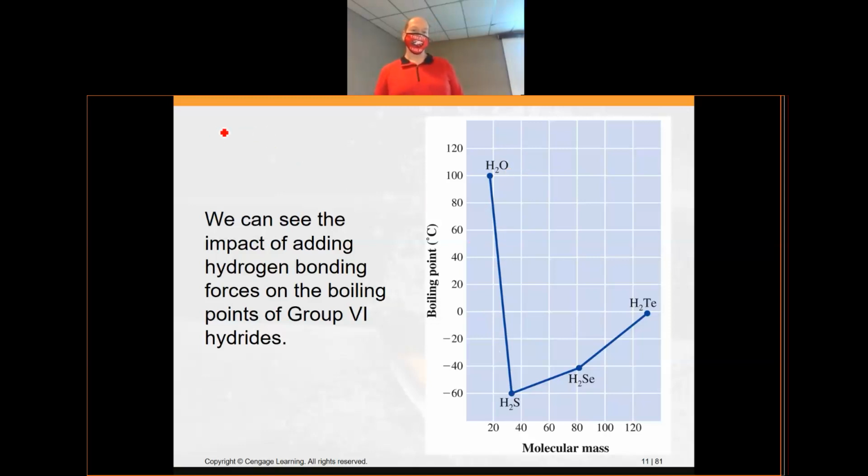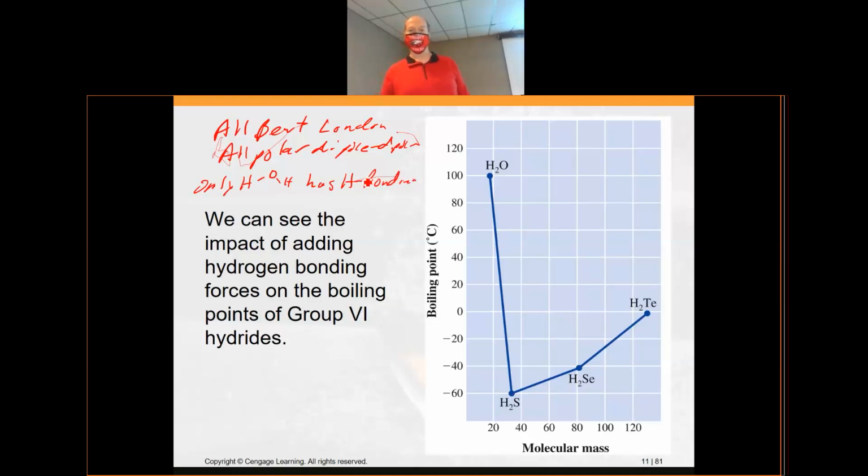So they are all bent, so they're all polar. So they all have London and dipole-dipole. Now note that only water has hydrogen bonding. So your hydrogen bonding interaction is a very strong intermolecular force.